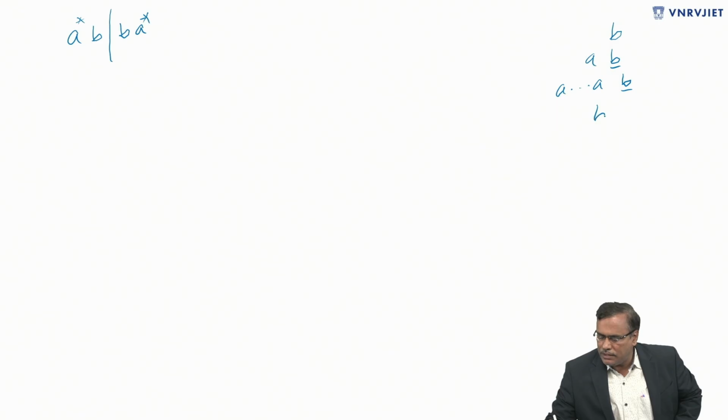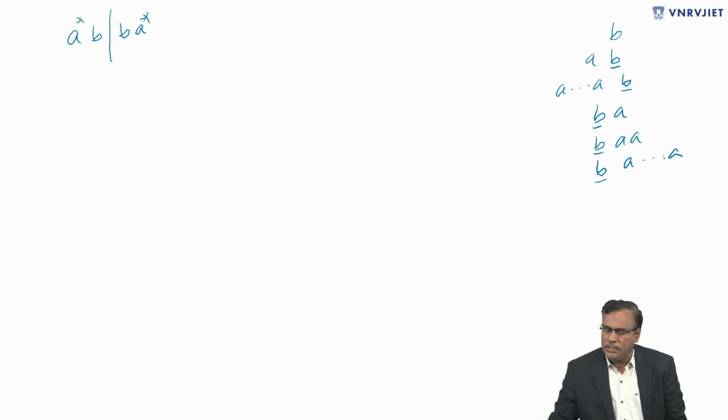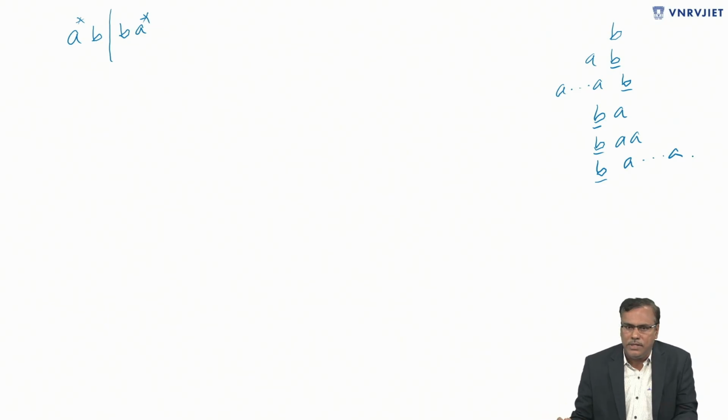For example, B followed by a single A. This B is mandatory. Or B followed by two A's. Like this you can have any string where B is followed by any number of A's. I have shown with examples 1 A, 2 A's, and then any number of A's. So these are some possible strings of this language.